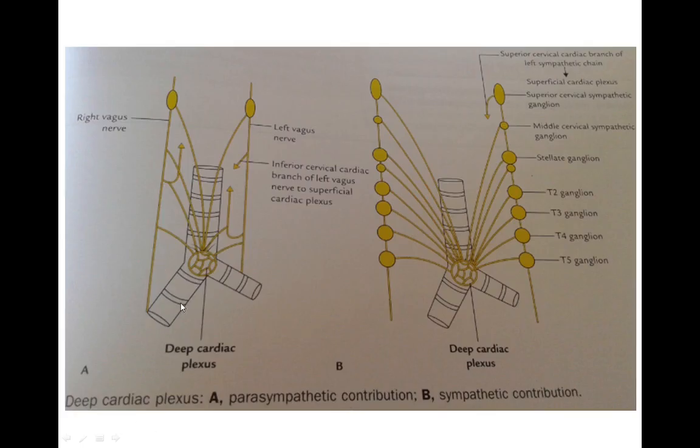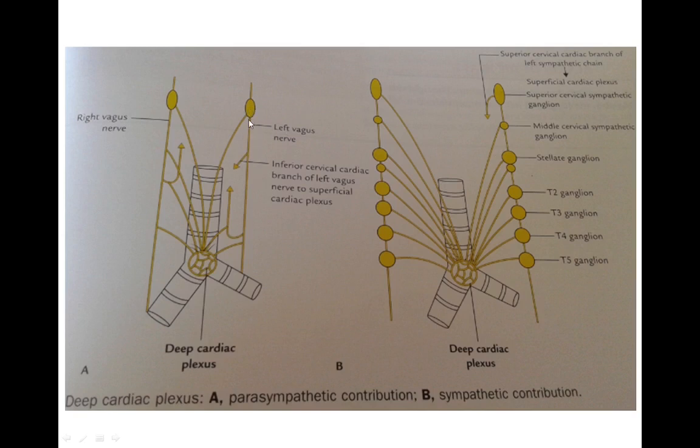So this is our deep cardiac plexus. This is our superior cervical ganglion. From the cervical ganglia, these branches are coming: superior, middle, inferior, and then thoracic T1. The vagus is not shown here.